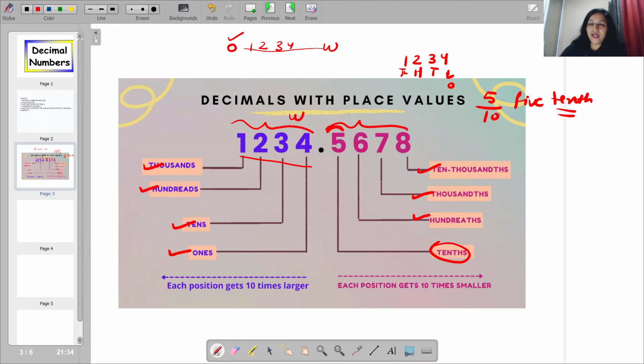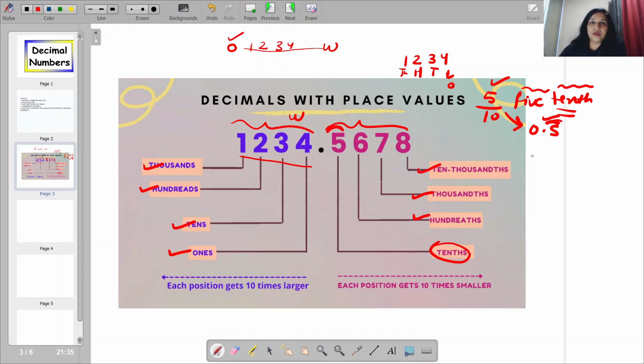So 5 by 10, if I convert it to a decimal number, it will be 0.5. We are getting 5 as the first digit to the right of the decimal. So if I write it as 5 by 10 or 0.5, this 5 is at the tenths position. Correct? So the first digit to the right has the place value tenths.